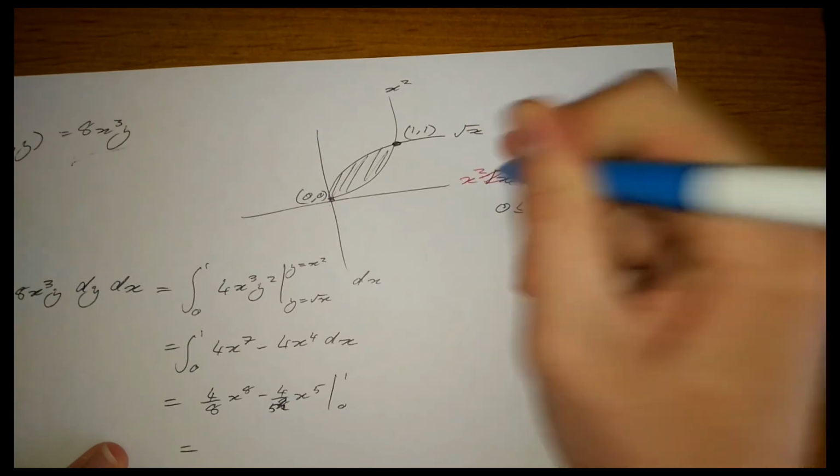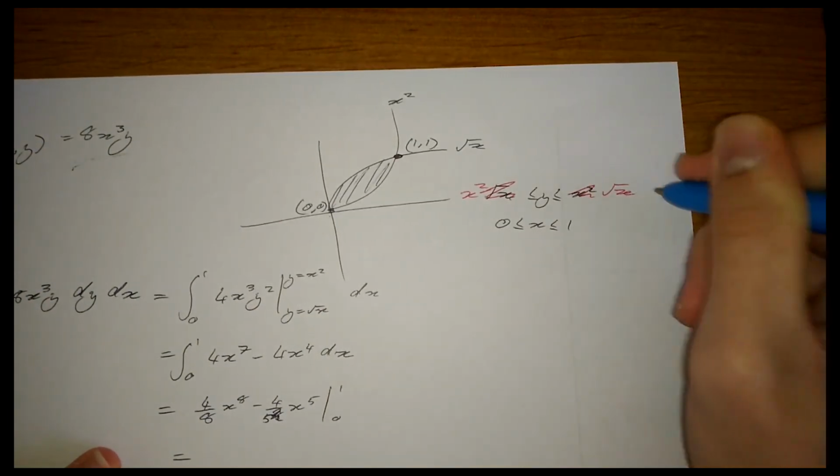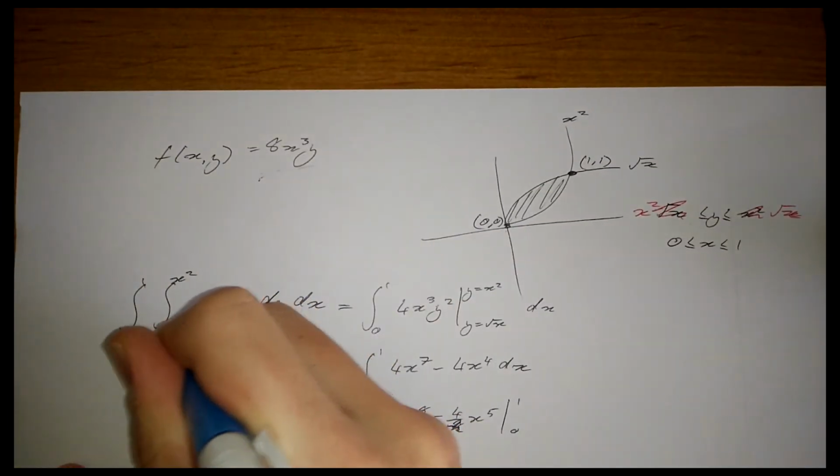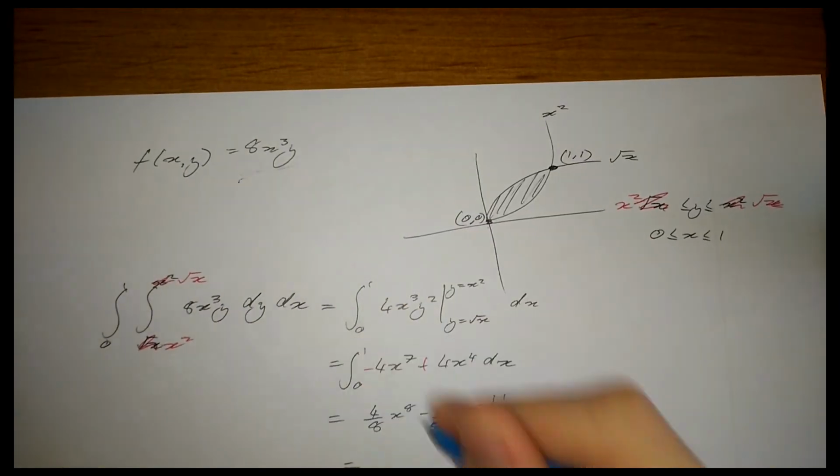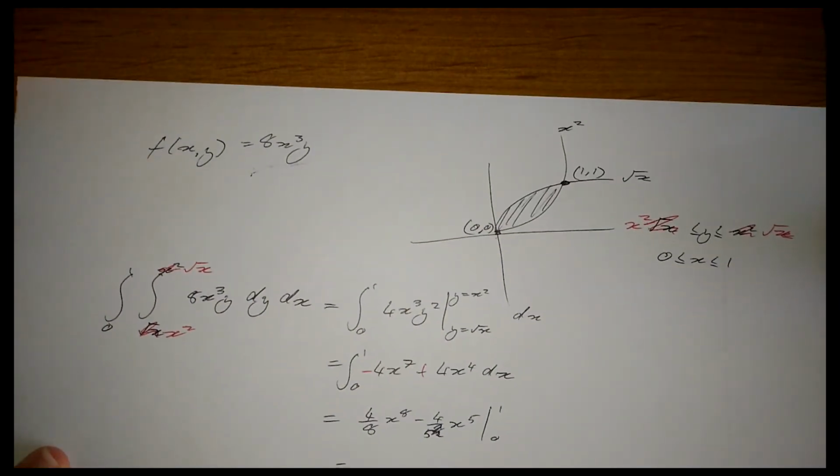This is from x squared to root x. My apologies. So this would be x squared to root x. Hence, those would be switched around.